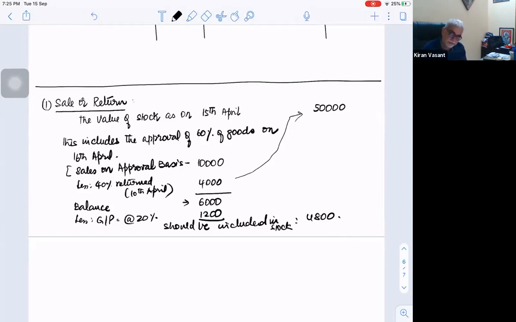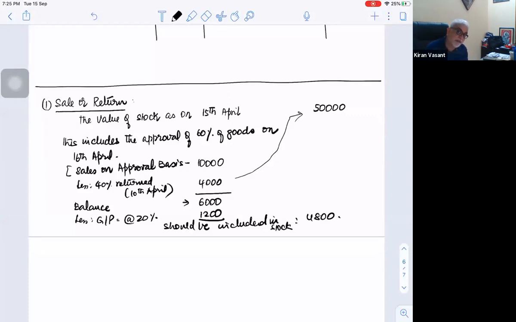Is that clear? I am not adding the entire 10,000 because the valuation is as on April 15th. Before that he had returned 4,000. So that cancels out. We don't have to deduct anything from the sales, Rachel, because we are not trying to find the profit. We are trying to find the value of stock as on 31st of March.